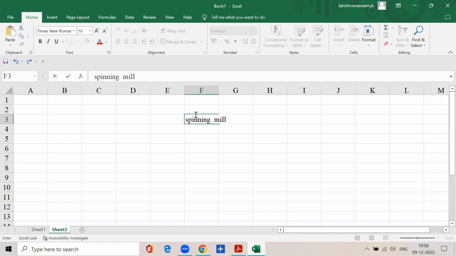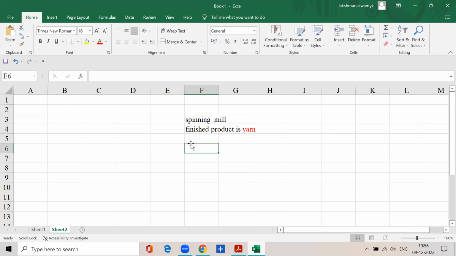So your client is a spinning mill. So in the spinning mill, the finished product is yarn. The industrial name of the yarn thread is yarn.